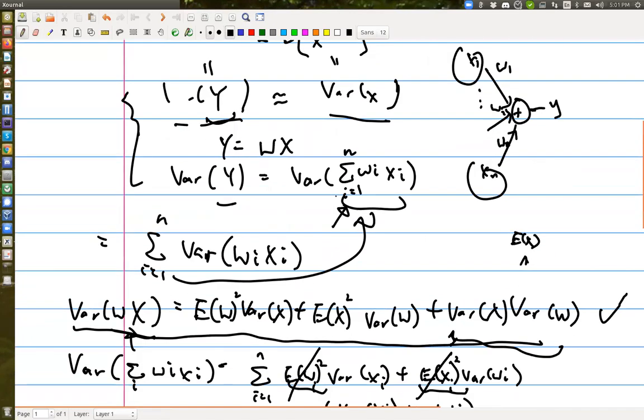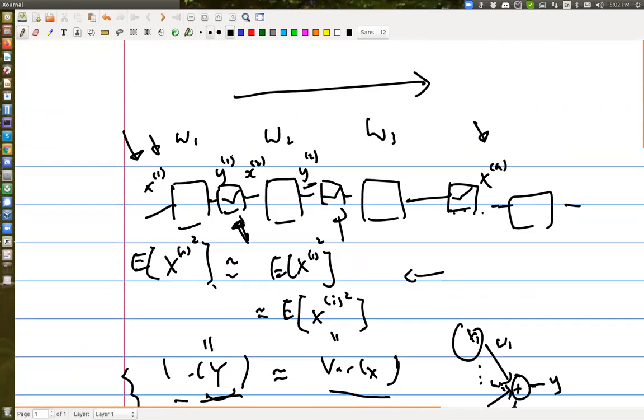Let me write it here. The initialization that we just came up with: I should initialize W with variance 1 over n, where n is the number of inputs. Maybe I write n input here. So W has variance 1 over n input.